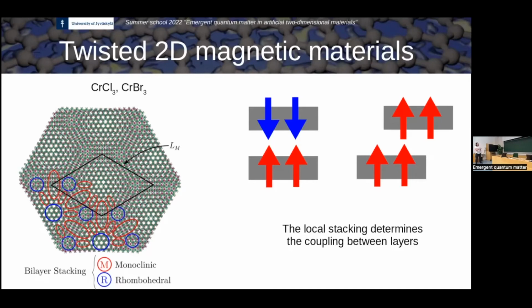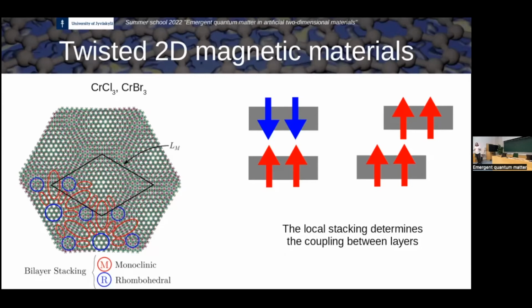The, let's say, very lucky feature of these materials is that this exchange coupling is extremely sensitive to details, and in particular is extremely sensitive to the actual alignment between the two materials. So if you just take a bilayer of, for example, chromium bromide or chromium iodide, and you displace it a little bit with respect to the other one, you can change the coupling from ferromagnetic to antiferromagnetic.